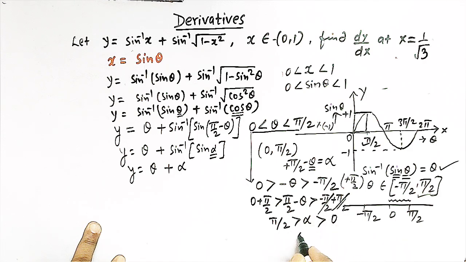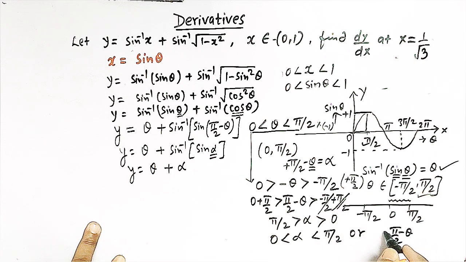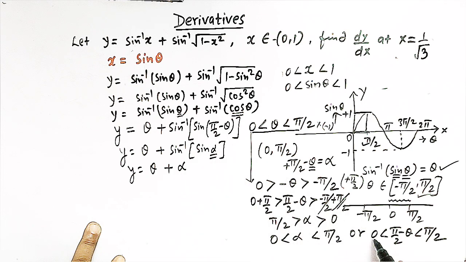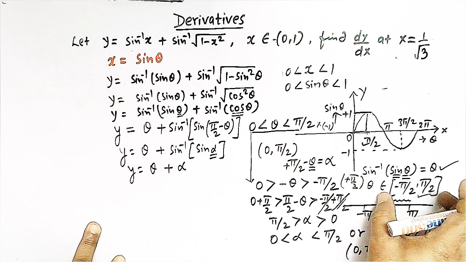So we have now alpha greater than 0 but less than pi by 2, or for alpha we can write pi by 2 minus theta is greater than 0 but less than pi by 2. So now this angle, that is pi by 2 minus theta, that is alpha, lies in the interval 0 to pi by 2, and again this interval is a subset of this interval. So this angle pi by 2 minus theta belongs to this interval.